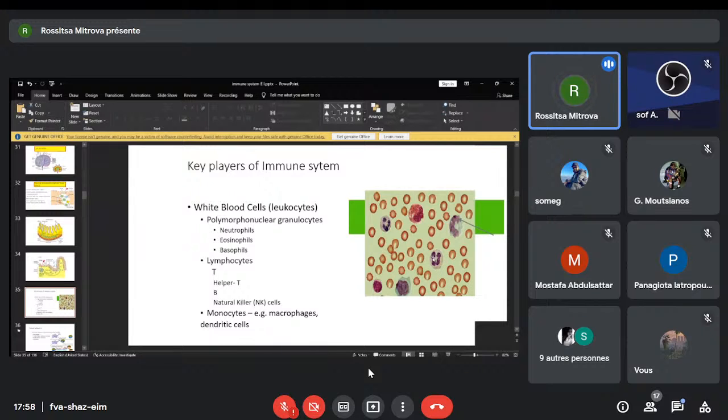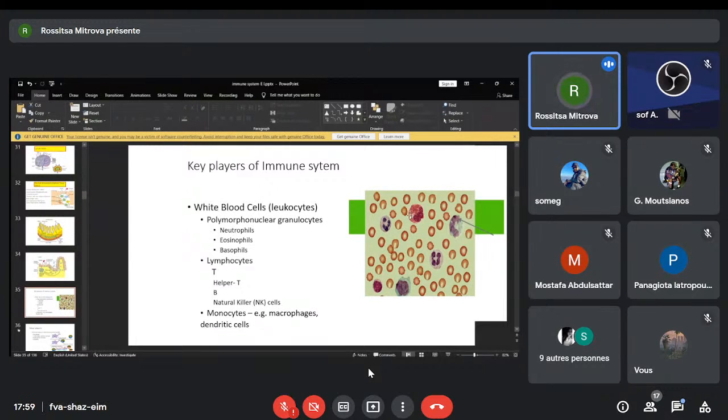The difference among the granulocytes is based upon the color they receive after treating with Giemsa stain. The neutrophils have a neutral color of the cytoplasm, while the eosinophils are bright red and have many granules, like red caviar.